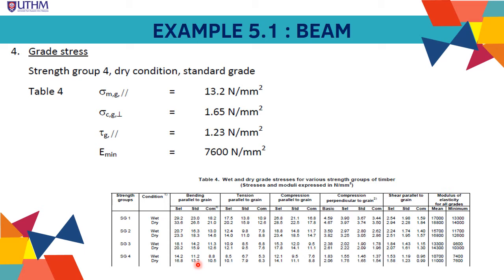Our bending parallel to grain is 13.2. Our compression perpendicular to grain is 1.65. Shear parallel to grain is 1.23 Newton per millimeter square and 7,600 for E minimum.